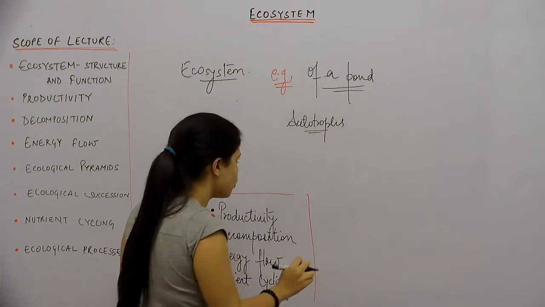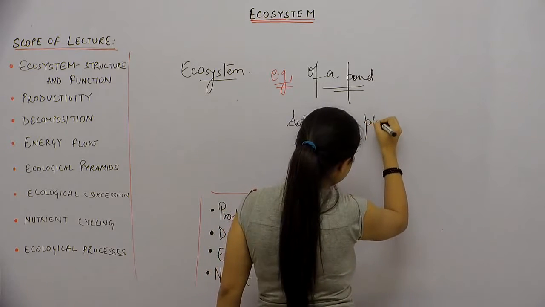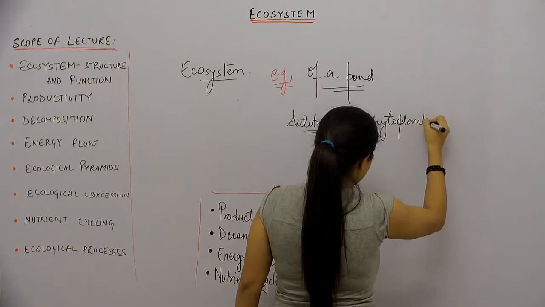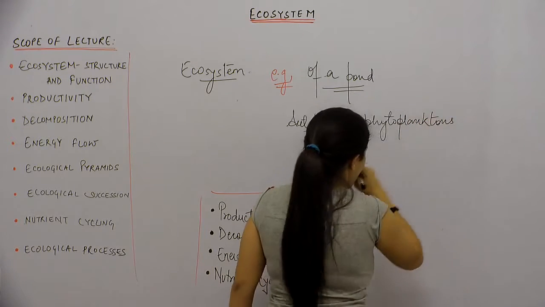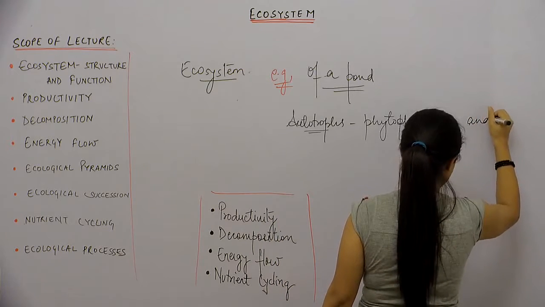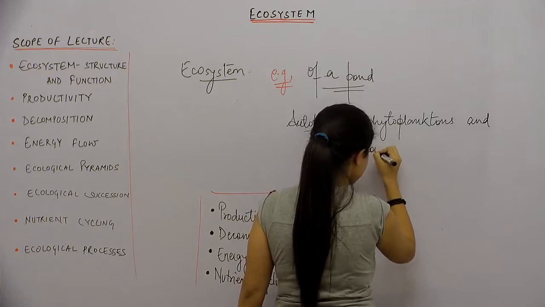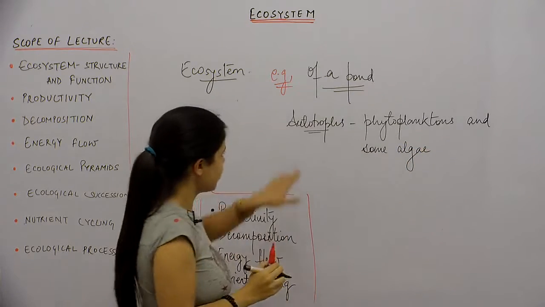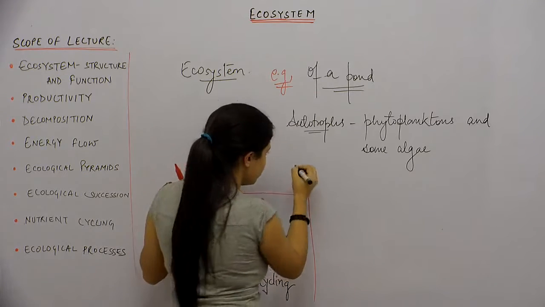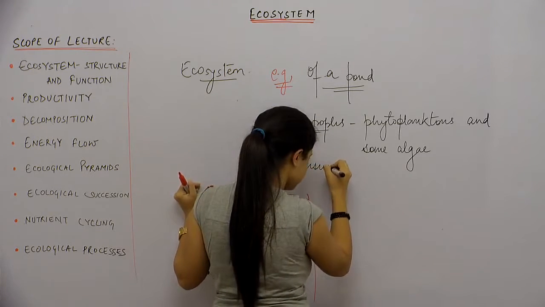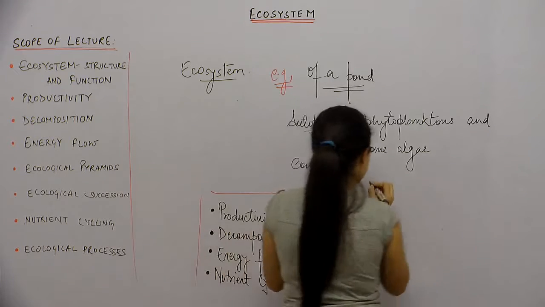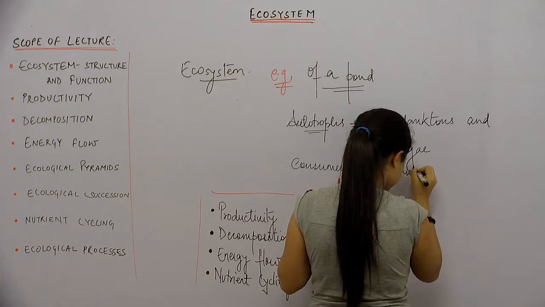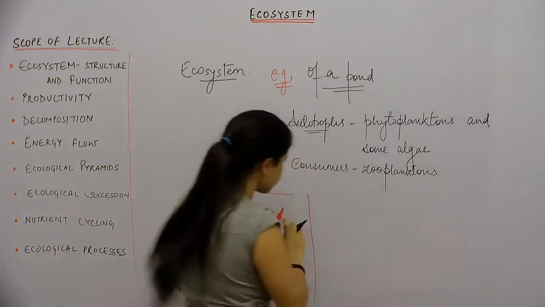Well, in a pond, the autotrophs would be the phytoplanktons and some algae. In the pond, the consumers would be the zooplanktons, right?